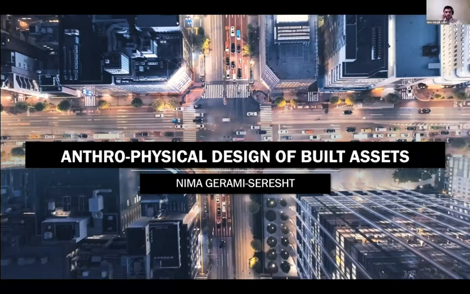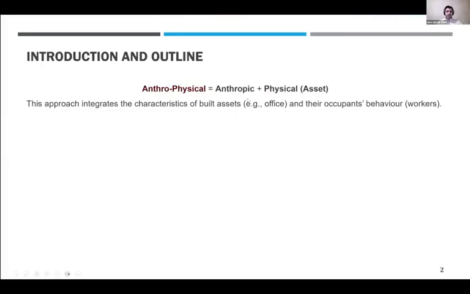Thank you very much. Hello, everyone. What I'm going to present today is called the anthro-physical design of built assets. A little bit of a surreal kind of naming, but it does what I wanted. It has conceptually two components: the anthropic layer, the anthropology sciences looking into human behaviors, and the physical part, which is looking into the physical characteristics of the asset.